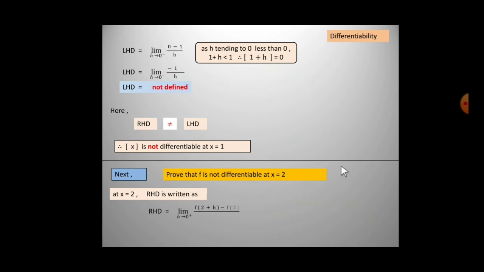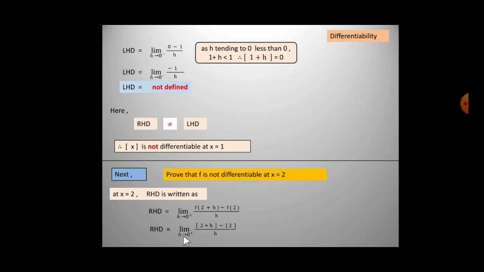That is, right hand derivative equals limit h tends to 0, f of 2 plus h minus f of 2 divided by h. Now f of 2 plus h is written as the greatest integer of 2 plus h, that is, in f of x, replace x by 2 plus h. f of 2 means the greatest integer of 2, and h as it is.